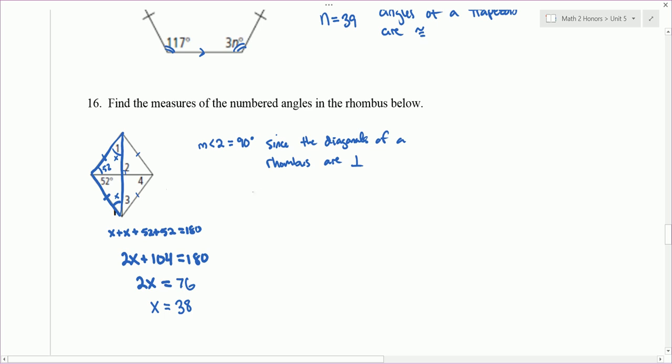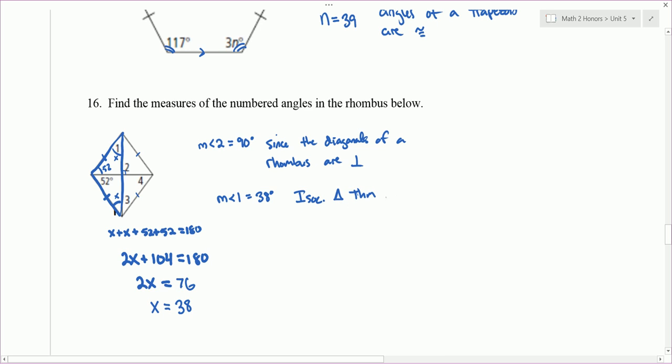And so that's the measure of angle 1. So measure of angle 1 is 38. And what we used is the Isosceles Triangle theorem, stating that the base angles are congruent.